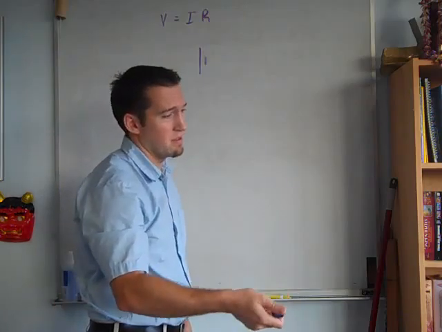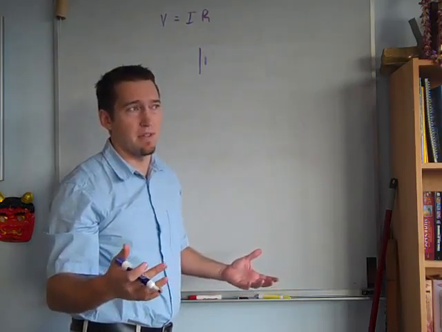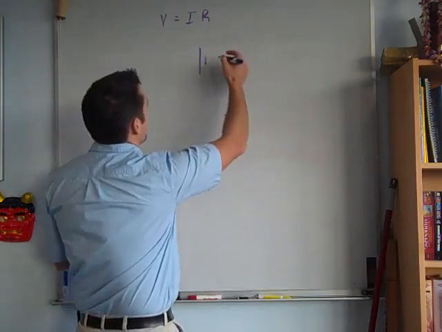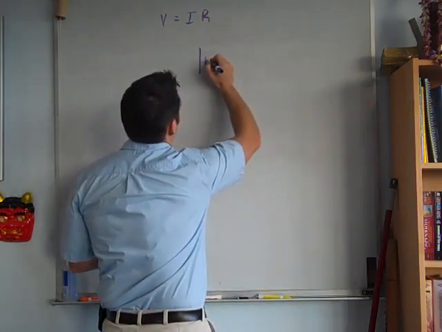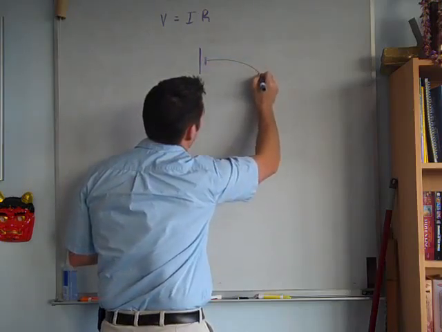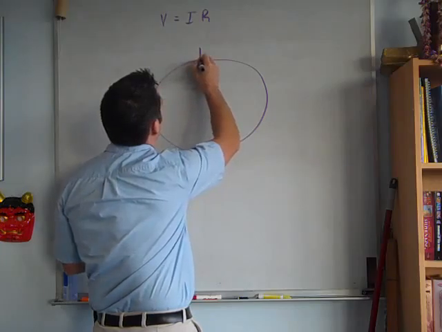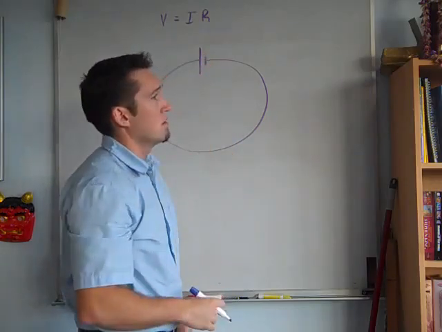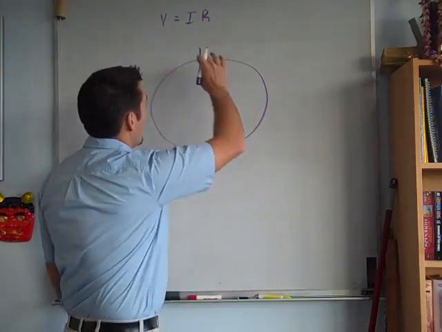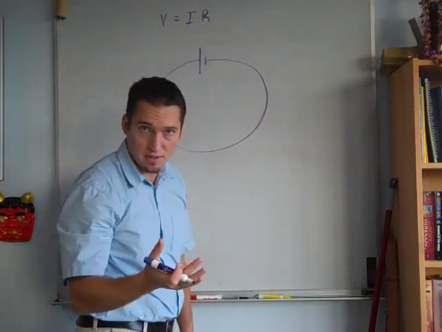You can plug it into a wall, it could be a battery, it can be a lot of different things. And the way you draw, starting from here, that's a basic circuit, where you have a voltage source connected by some kind of conductor.